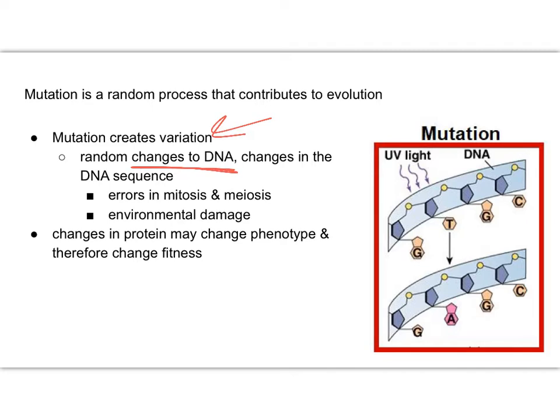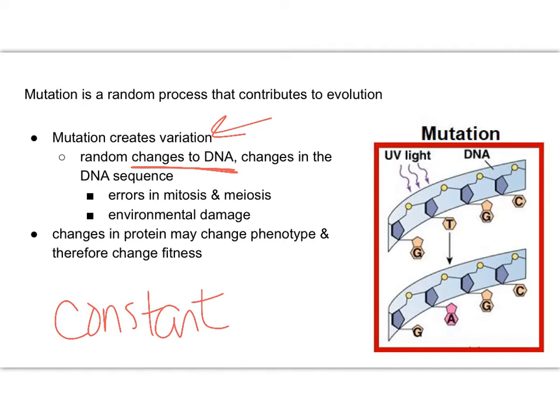Okay? So mutations are constant, so they're happening all the time, and we can't control them. We can't cause a mutation to happen, nor dictate what kind of mutation we need to get a change in a phenotype. Nor can we prevent them. So mutations can come from errors in mitosis and meiosis. Remember, mitosis is somatic cell division, making exact copies.